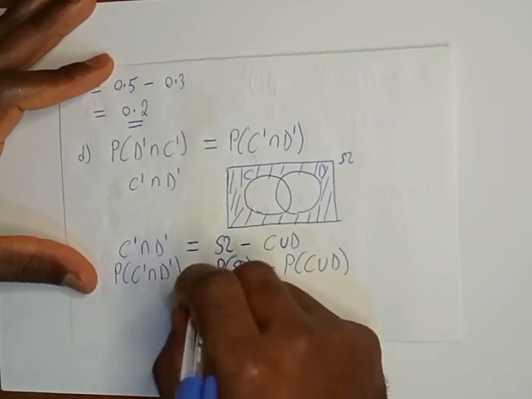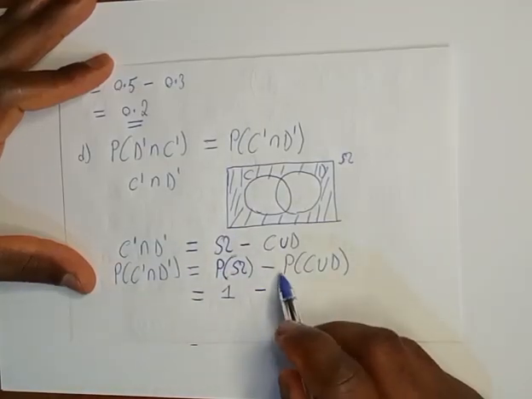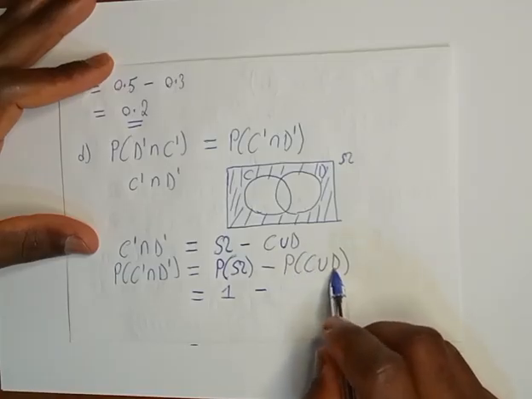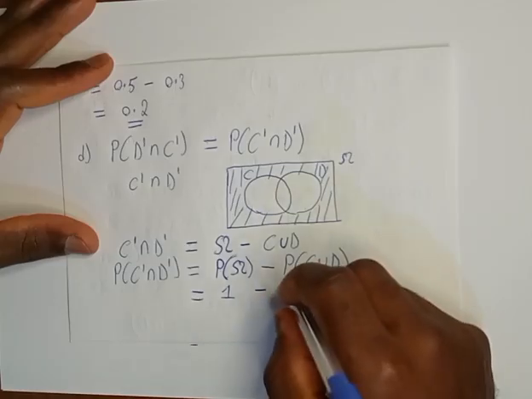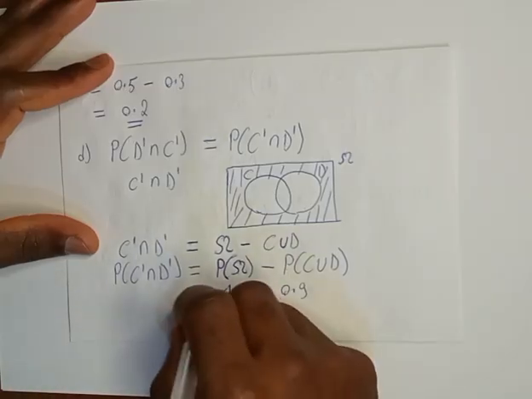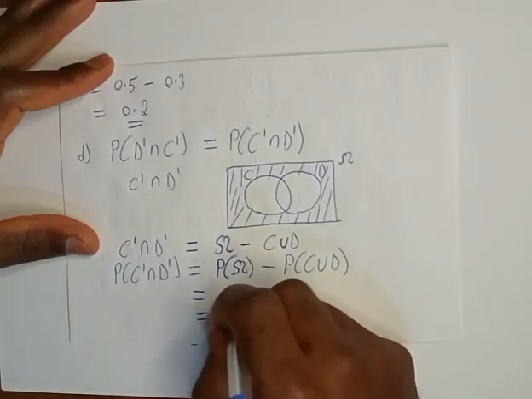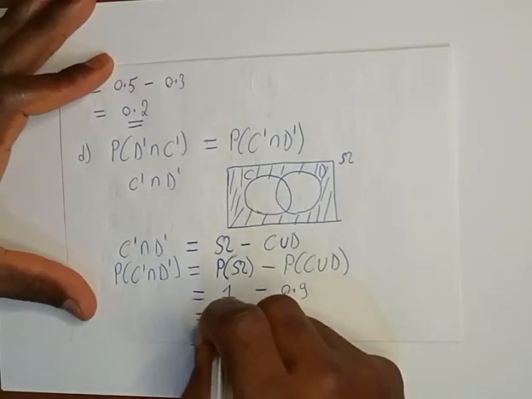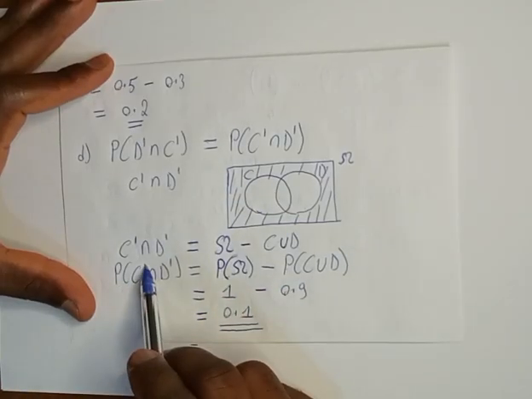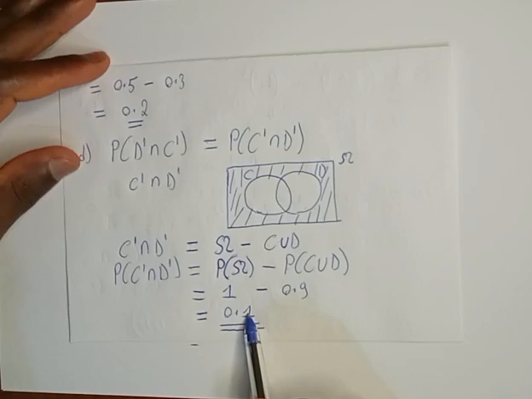So this will be equal to 1 minus P of C union D, which is 0.9 from the question. And this will simply be equal to 1 minus 0.9 gives us 0.1. Therefore, P of C prime intersection D prime is equal to 0.1.